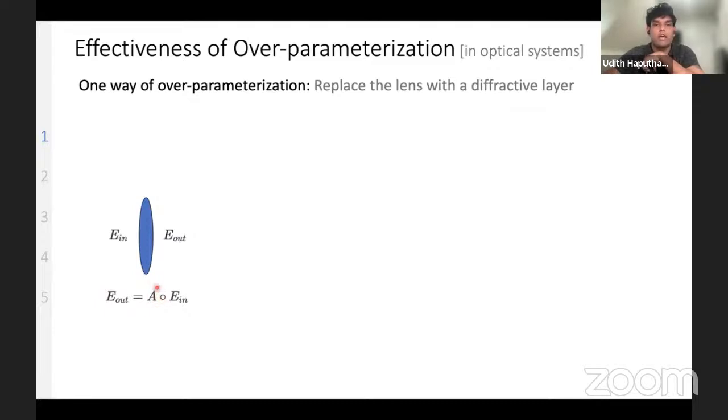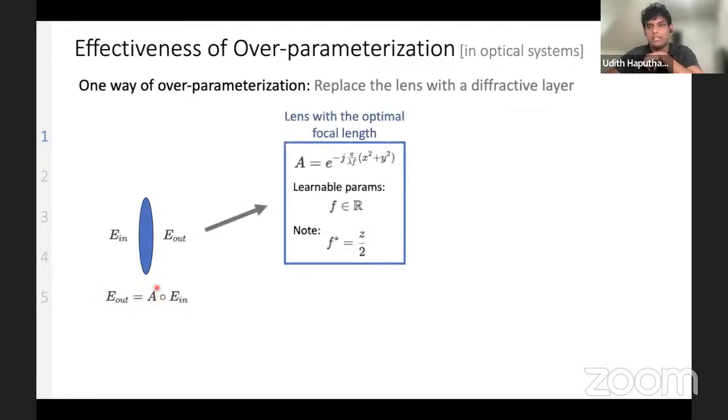For the ideal lens, we have this type of transformation, which is basically a phase distribution, and it is a complex transformation. The only change is to the phase of the input light field, and there is F here, which is the focal length. We know the ideal focal length will be z/2.